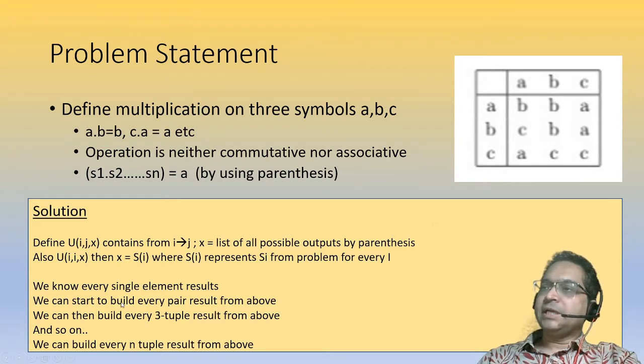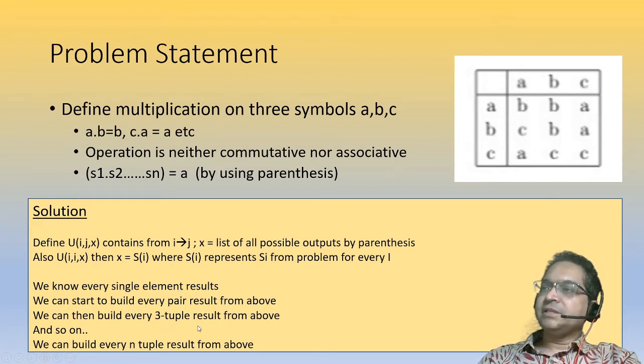We know that every single element result is the same as Si. Then we start to build every pair. And every pair is essentially just a lookup through this table, because a pair is just two elements. So the outcome has to be bound by this table.